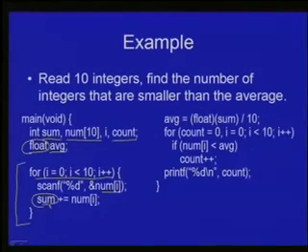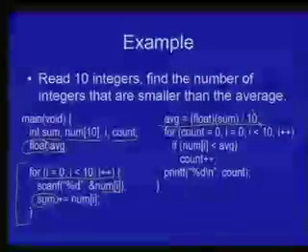After that, once we have found the sum, the average is nothing but the sum divided by 10, but we have to be a little careful here, because remember that the variable sum is of type int, and the literal constant 10 is also of type int, which means that if we just divide sum by 10, we'll do an integer division, which will mean that the fractional part of the result will be dropped, and the final value that we'll get will always be an integer.